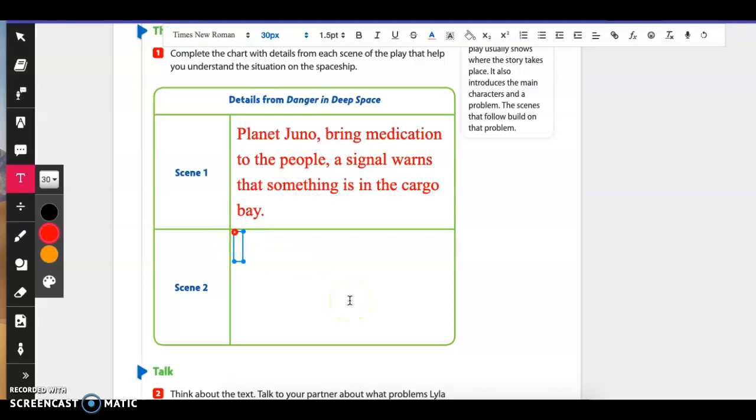What is the most important thing that happens in Scene 2? That's right. Dr. Blurg is the creature. He's going to steal the medicine.